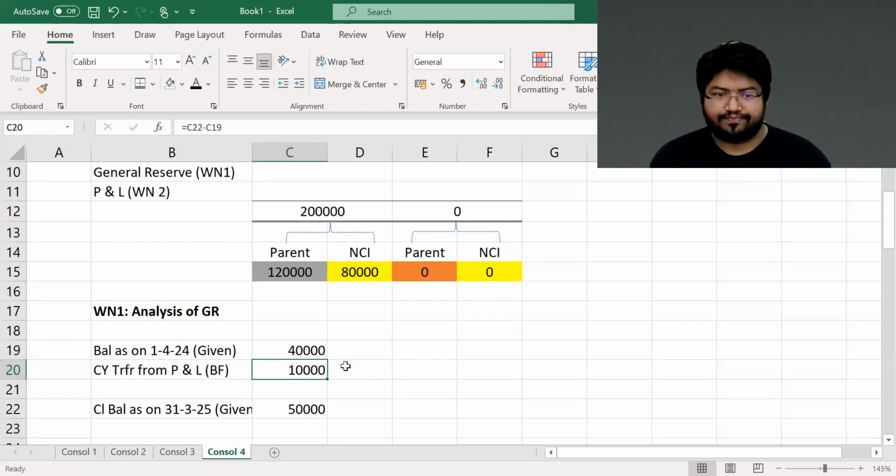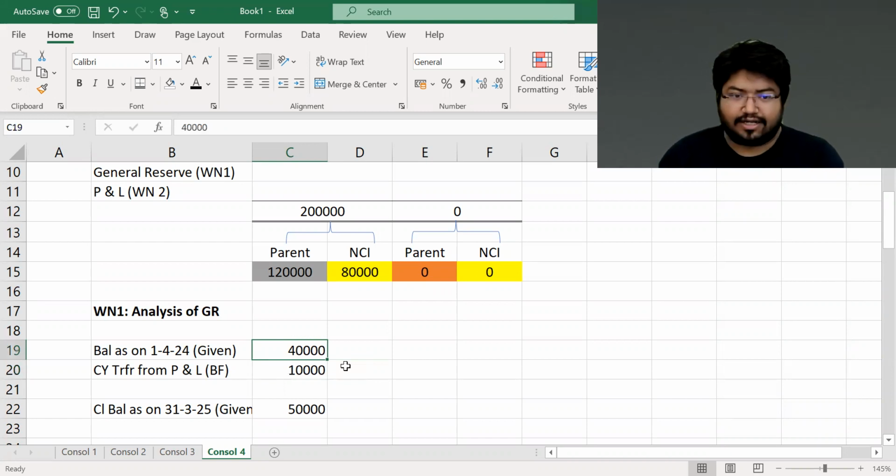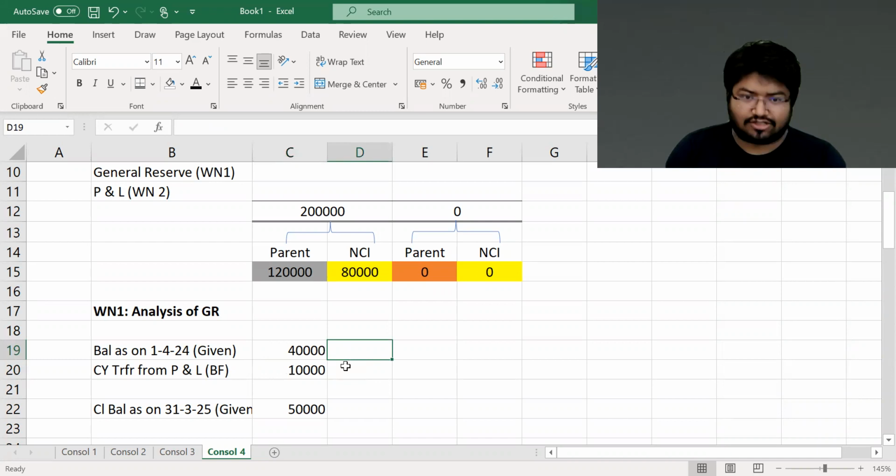Now tell me, where should I take 40,000? I'm going to split this 50,000 closing balance as on the balance sheet date with respect to date of control and after date of control. Up to date of control, is that a profit earned out of my investment? No, sir. That means this 40,000 is basically capital profit, yes or no?